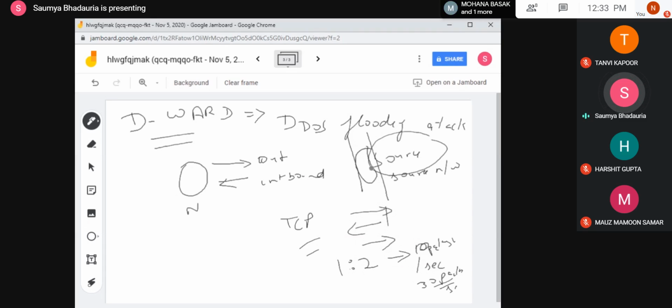Now, when these rules are generated at the source, what would happen? It would consume more memory space and CPU cycles, which is actually majorly part of your network-based defense mechanism.